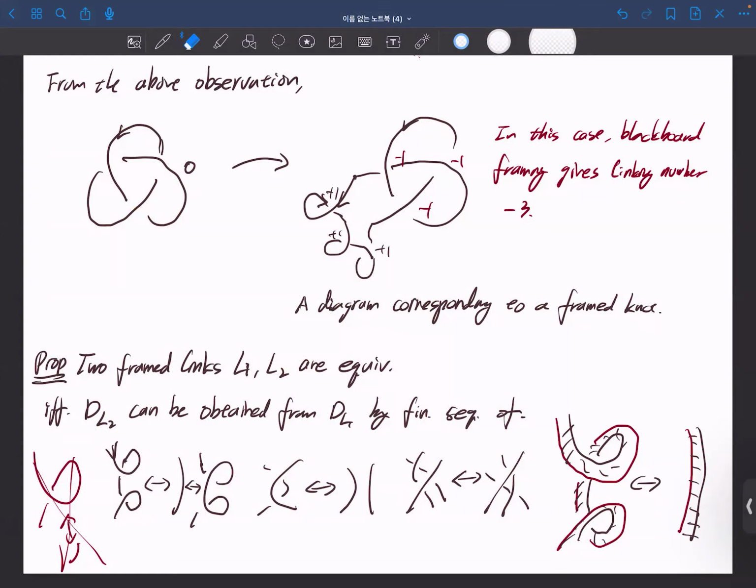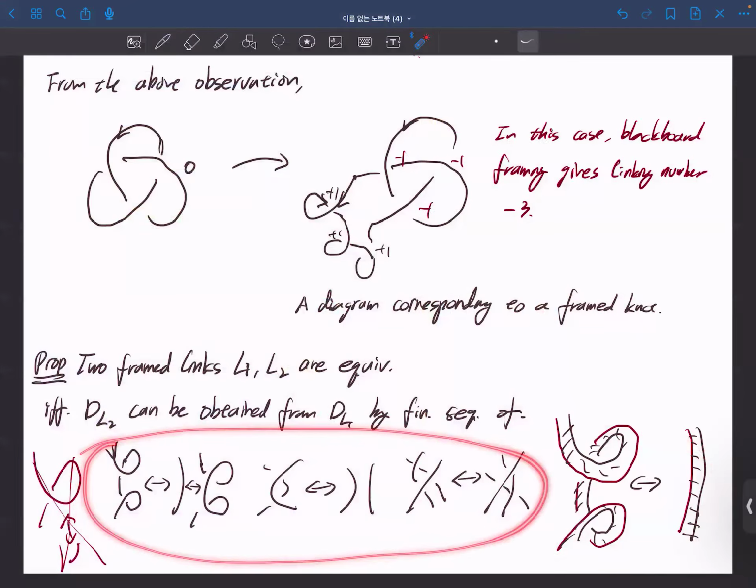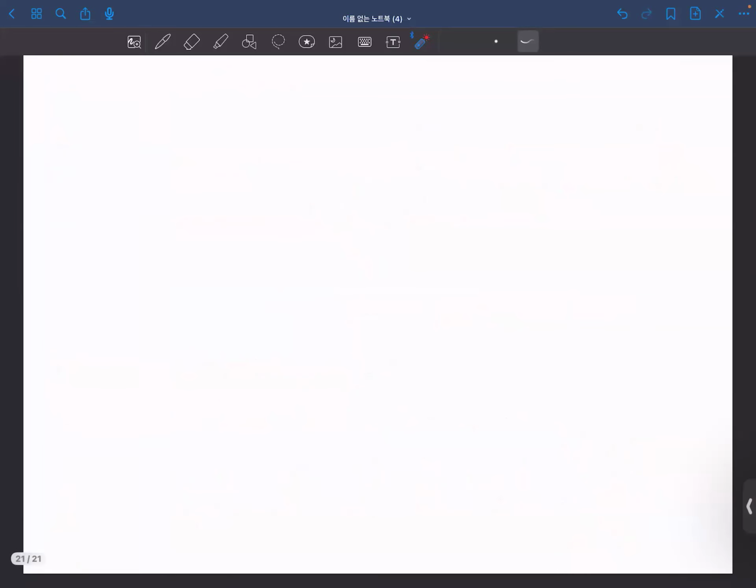Okay, in this manner, we can define framed links, and framed links can be presented by diagrams without integers, and the equivalence relations are obtained by those three moves. And now, let me go to our main topic, which is called the Kauffman bracket.